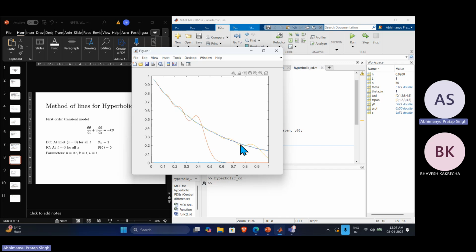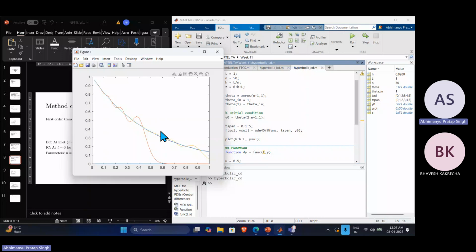Yeah, so this red line has t is equal to 1, then the yellow line is for t is equal to 2.